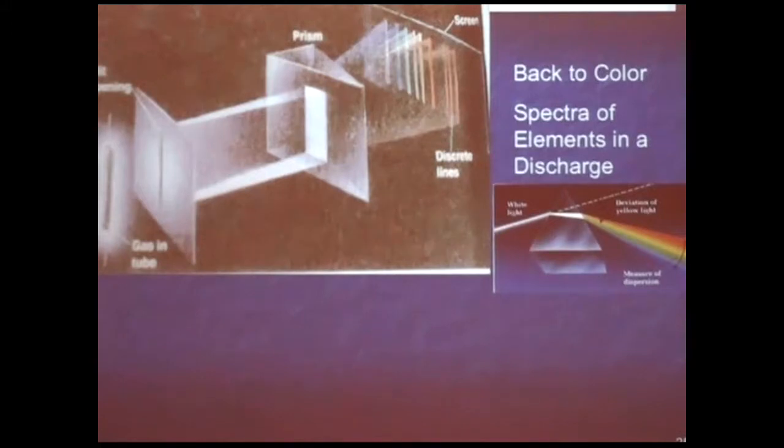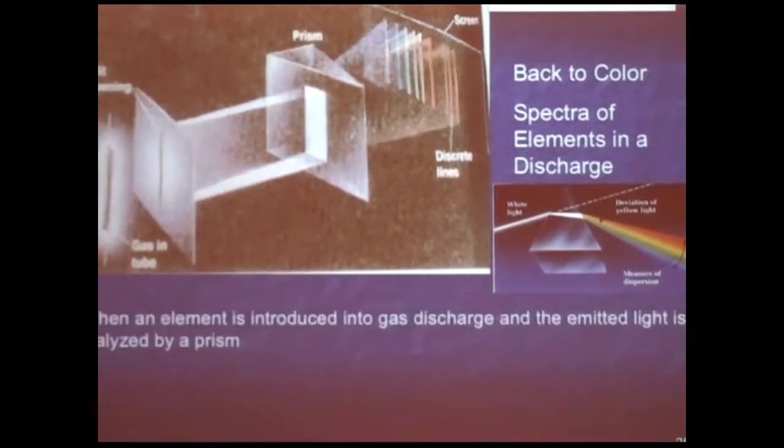Now come back to this whole problem, the whole business about the color of the elements. So this was Newton's experiment with white light. If you did Newton's experiment with the light coming from the element, not the white light from the sun, then you would see not the spectrum, but a series of lines. To see for yourself this light and look at these lines of different colors, these are what we call spectral lines.